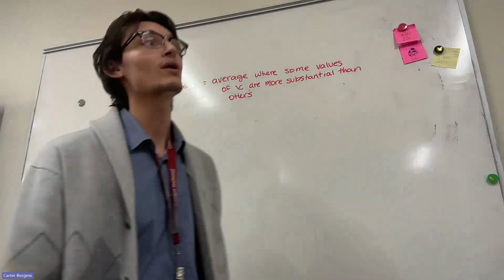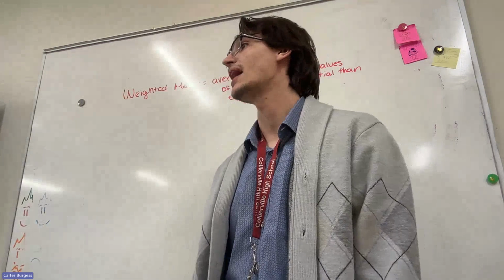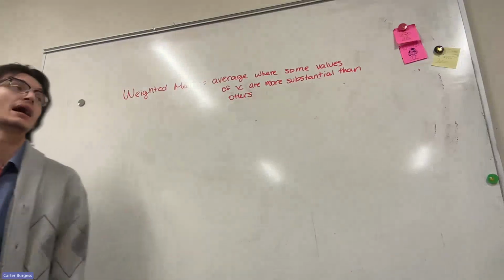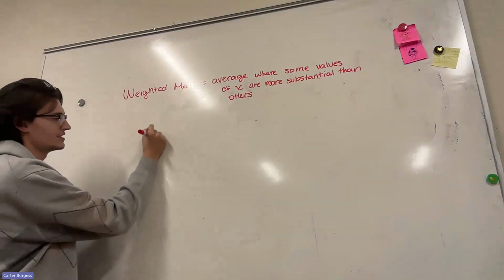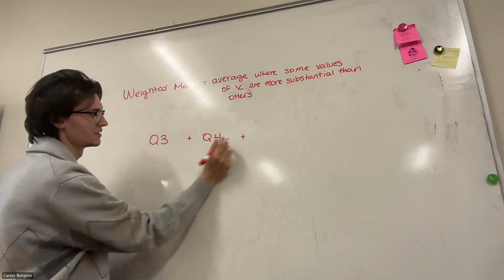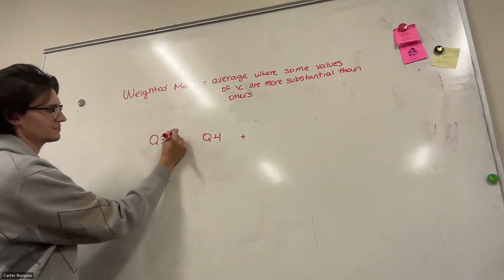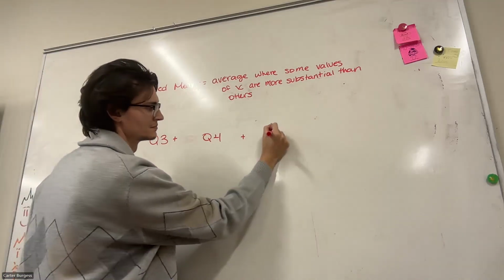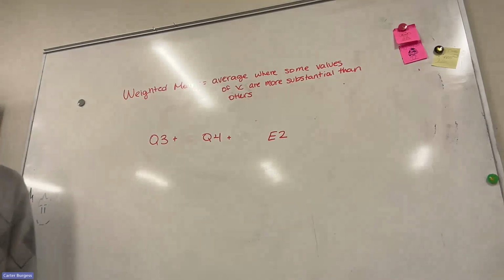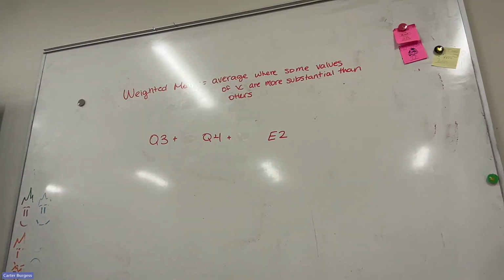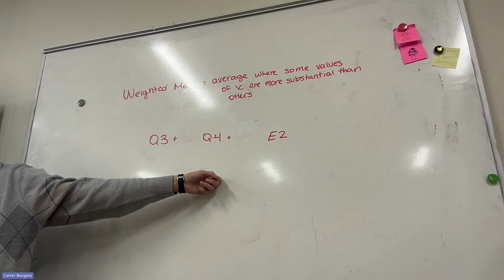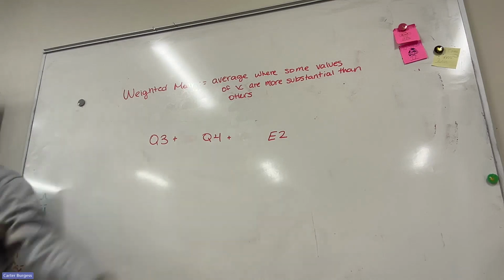And so if I wanted to arrange this in terms of my weighted average, I still want to add all of my Q3, Q4, and E2 together. But I need my Q3 and my Q4 to be worth a significant chunk more than my E2.